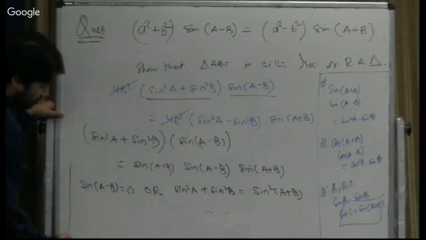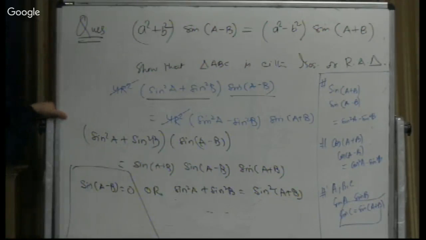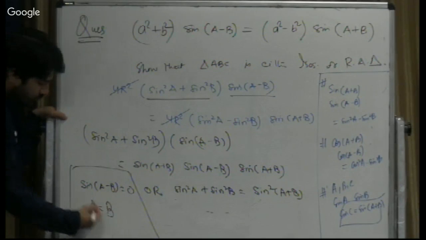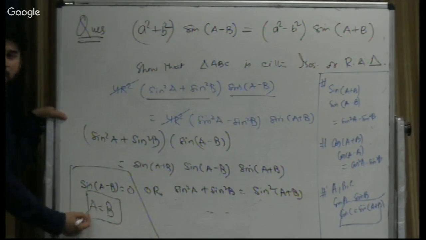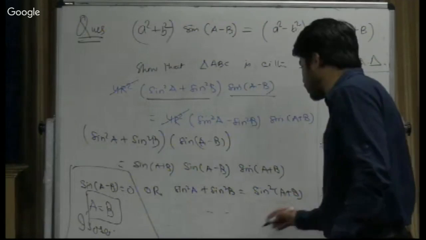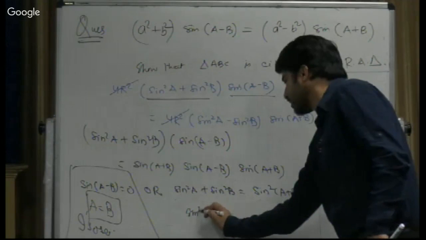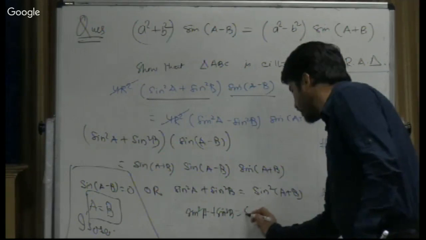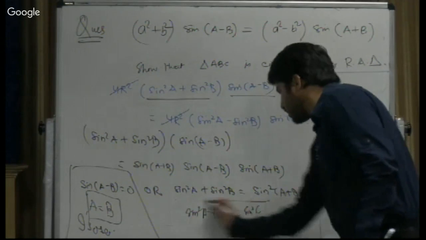इसका मतलब क्या हुआ? इसका मतलब हुआ a and b are equal angles. इसका मतलब क्या हुआ? Isosceles triangle. So first part clear. Now sine square a plus sine square b is equal to sine square a plus b, which I can write as sine square a plus sine square b is equal to sine square c. इससे क्या पता चला?